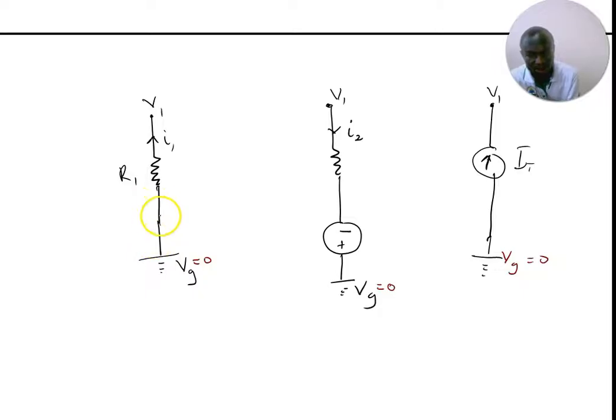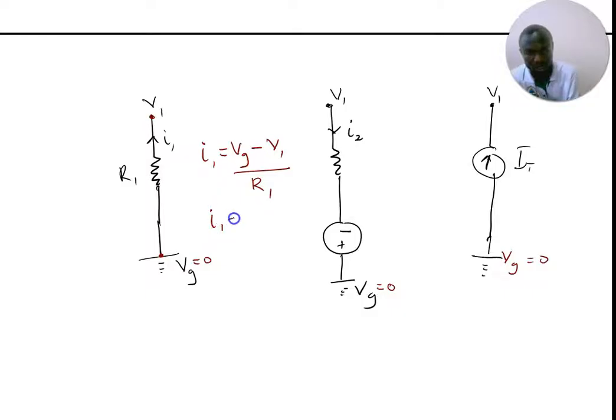So at this point, if I want to find I1, right, the starting point is what? Vg, minus the ending point, which is what? Which is V1, right? All divided by the total resistance R1. And Vj is equal to 0.